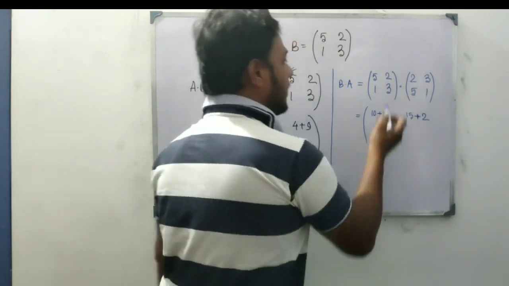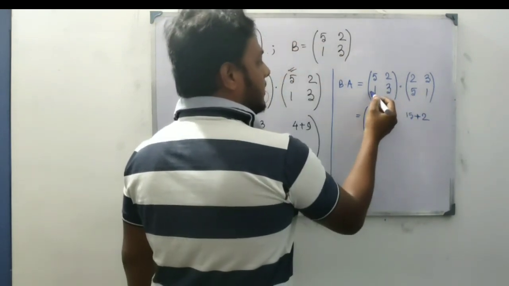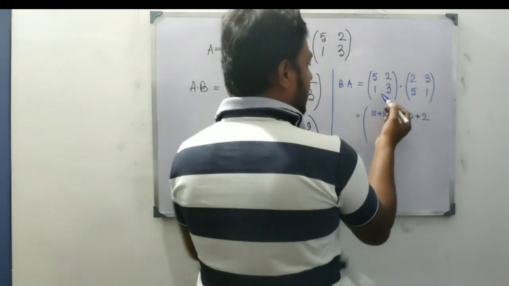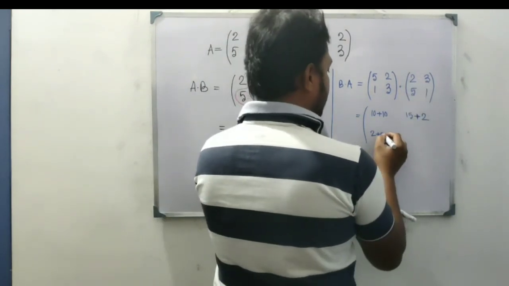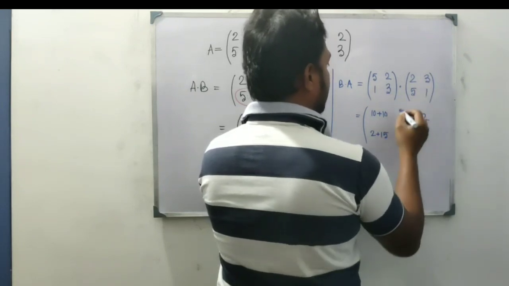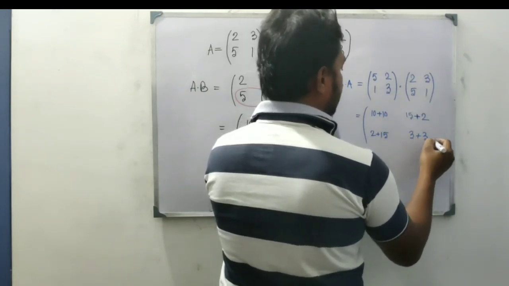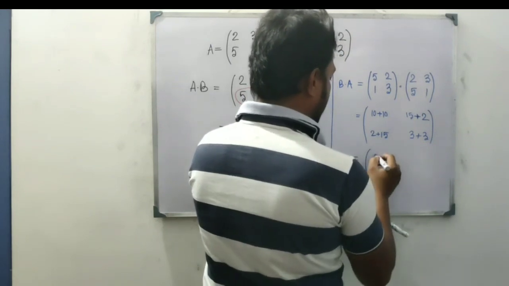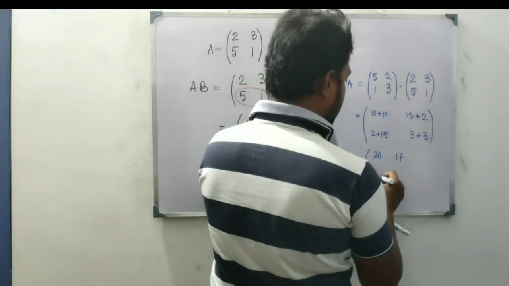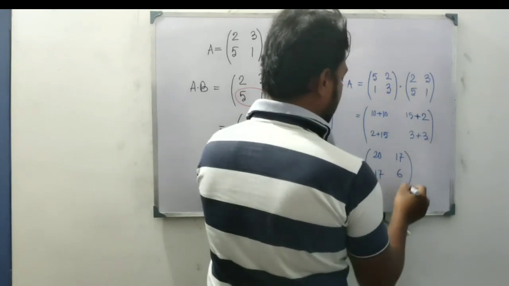So this completes the first row. Now consider the second row and this column. So 3 2s are 6, 3 1s are 3 with the second column, plus 3. After simplifying, we get 10 plus 10, 20, 15 plus 2, 17, 17, 6.